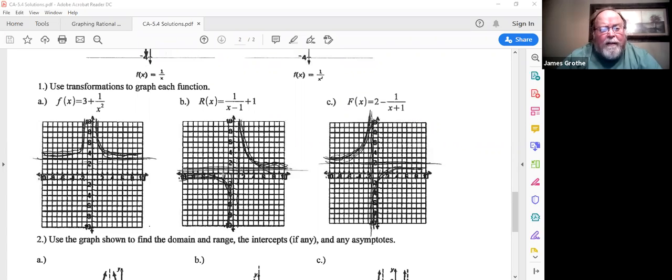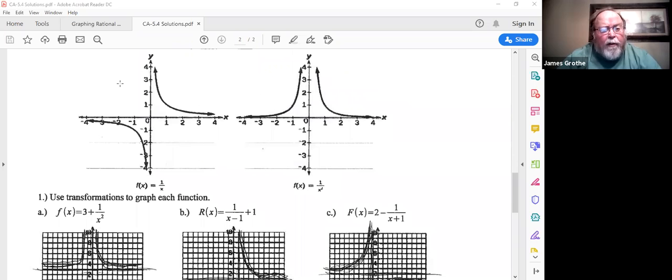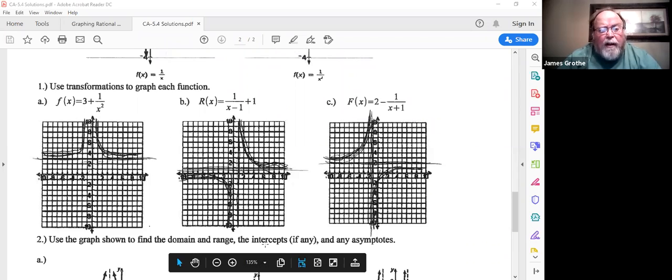So we're going to take this graph over here, 1 over x, and shift it 1 place to the right. So the y-axis moves over 1 to the right.